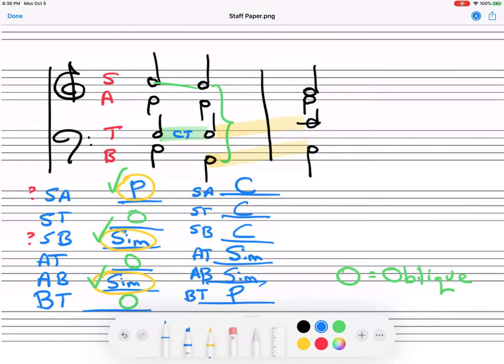Alright, the contrary motion. Every one of these types we have to check. So contrary motion, similar motion, and parallel motion, we have to check to see whether we have a situation of a bad parallel. Let's start with the similar because that's the easiest one. The only kind of bad parallel you can have with similar motion is the hidden octaves or hidden fifths.